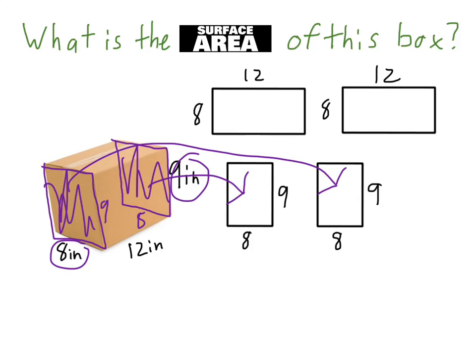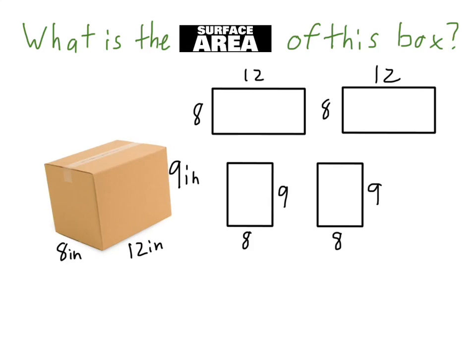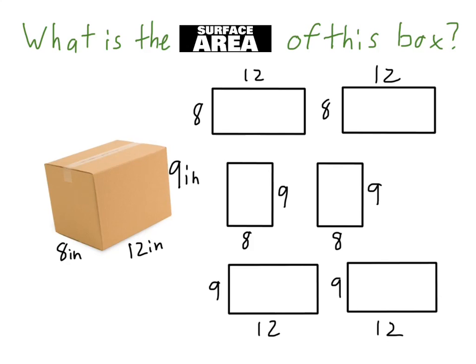So this is the top and bottom. Then we have front and back, and now we need the left and right sides. I'm going to get rid of all the purple real quick, and show you the left and right sides. Next we have two 9 by 12s, and those are the left and right sides.